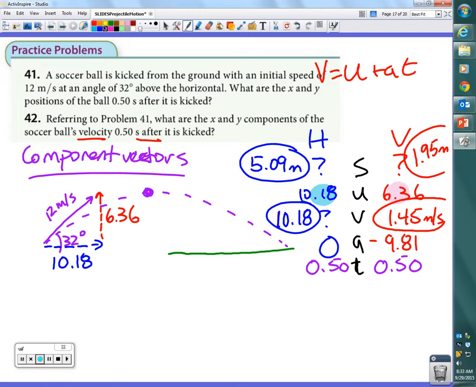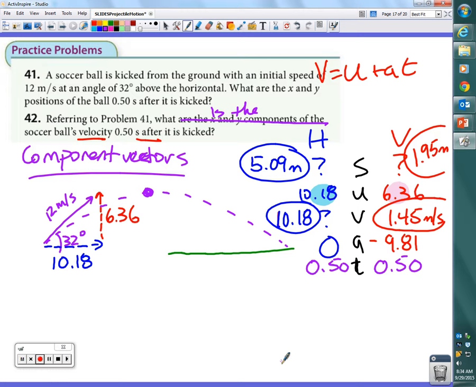I would say, what is the soccer ball's velocity 0.5 seconds after it is kicked? Okay? Notice I wrote it in purple, right? Because if I want to know what the velocity is 0.5 seconds after it's kicked, what do I have to do?